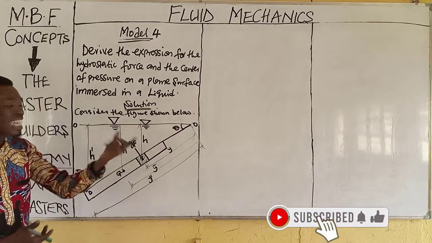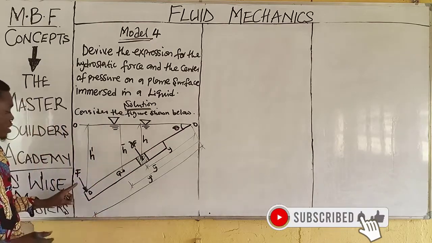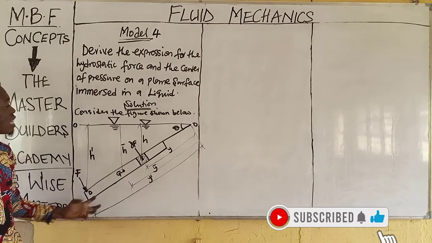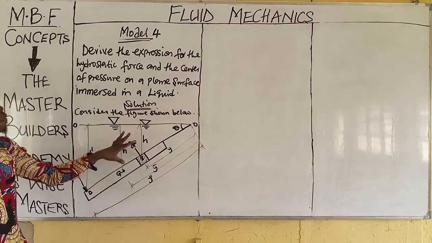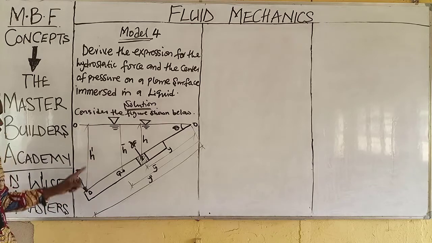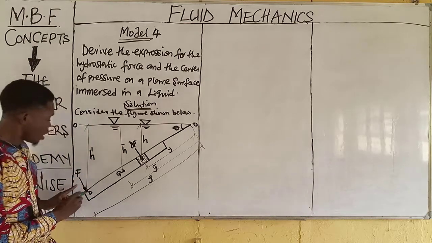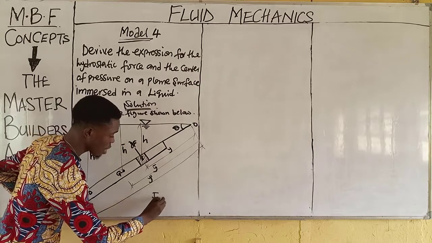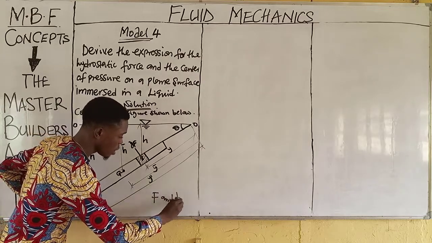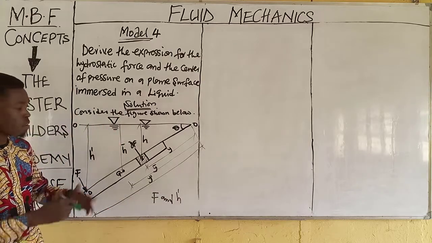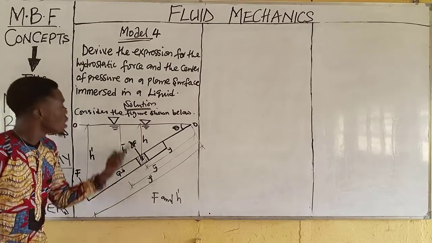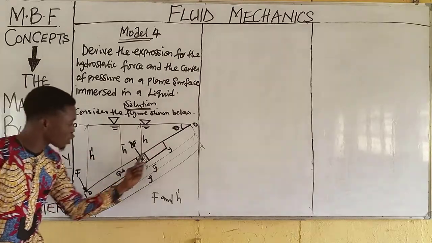Now we are asked to find the hydrostatic force, which is this force acting at this end, and the depth of pressure, which is same thing as H prime. So what we are actually looking out for in this question is F and H prime. Very simple.